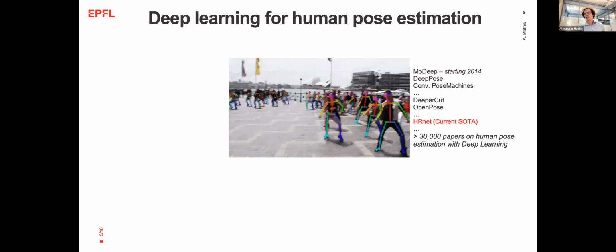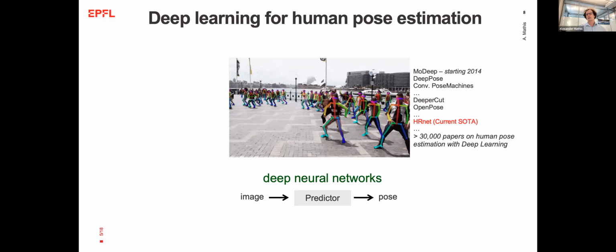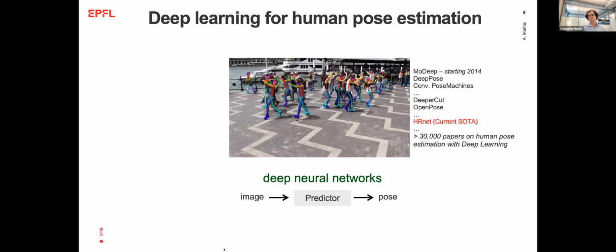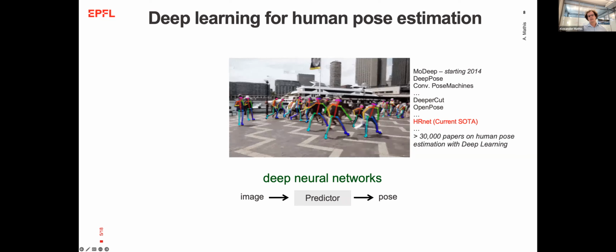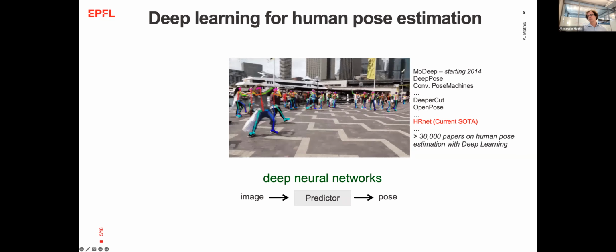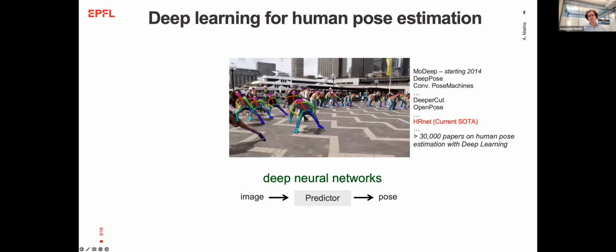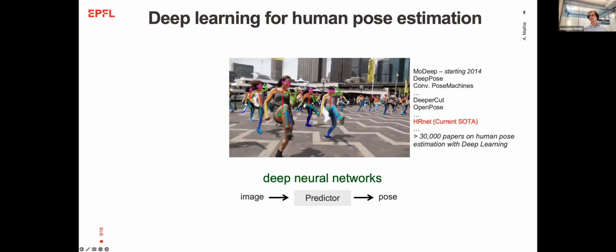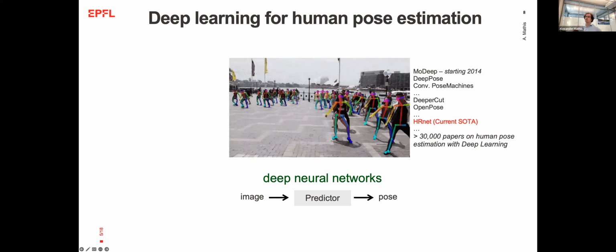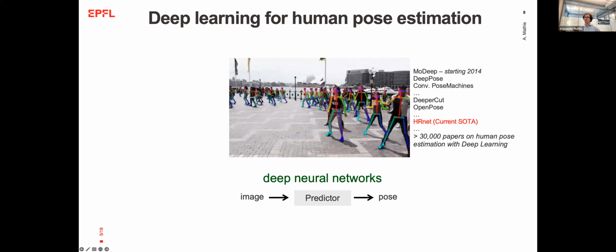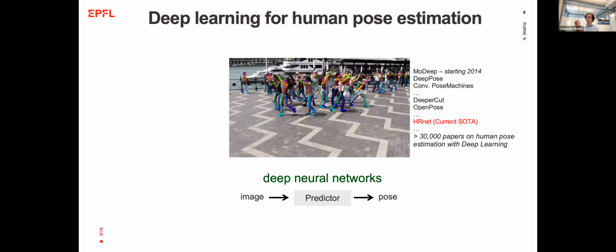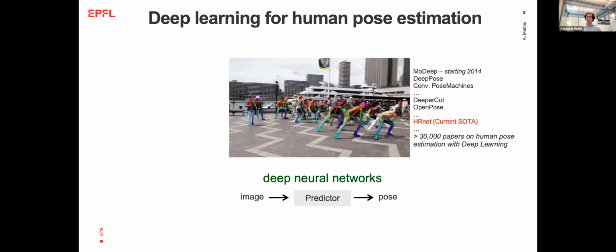And you may wonder, how does this algorithm actually work? Essentially, like many previous algorithms, it just takes the image and it consists of a predictor that predicts the pose. Here pose is really just the X and Y coordinates of semantically meaningful labels. So for example, the X and Y coordinate of my hand, of my elbow, and so on.